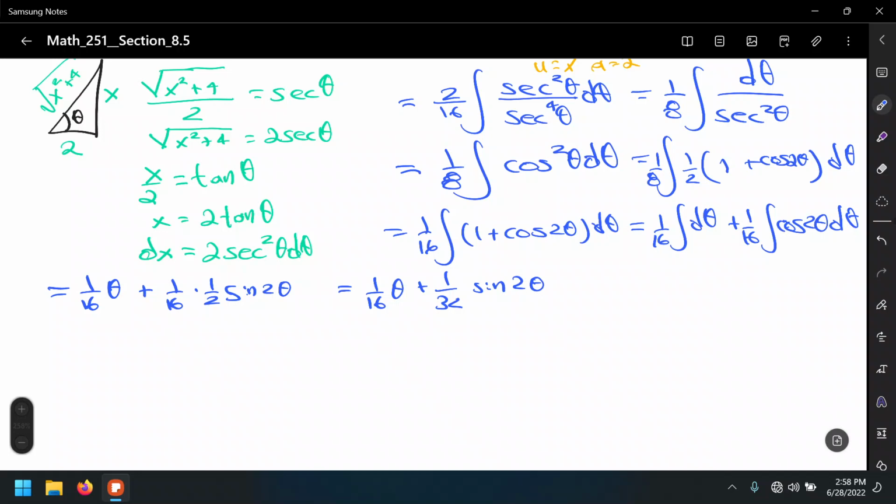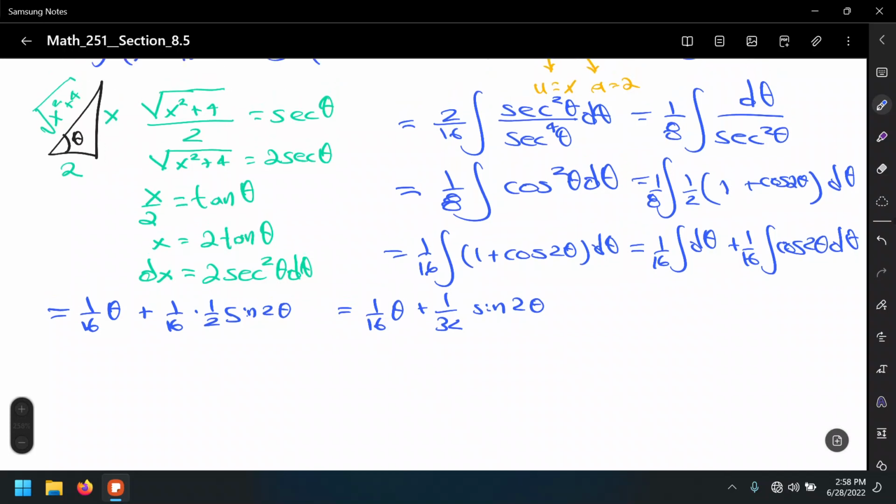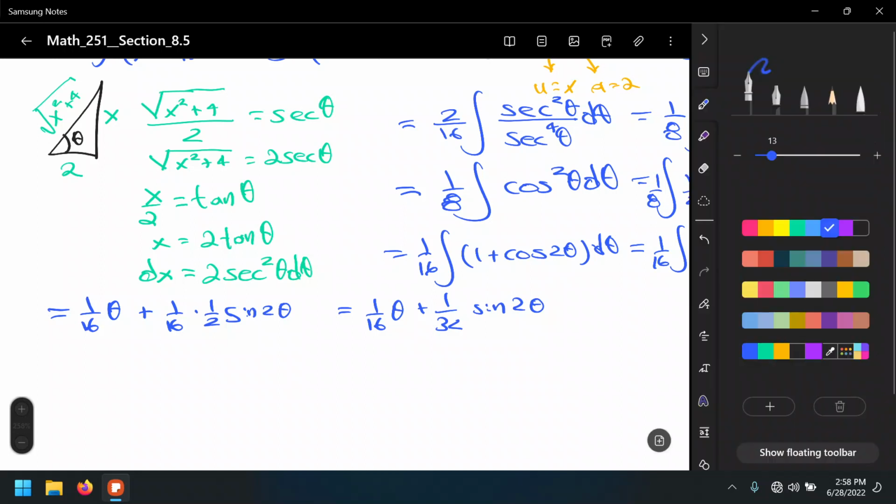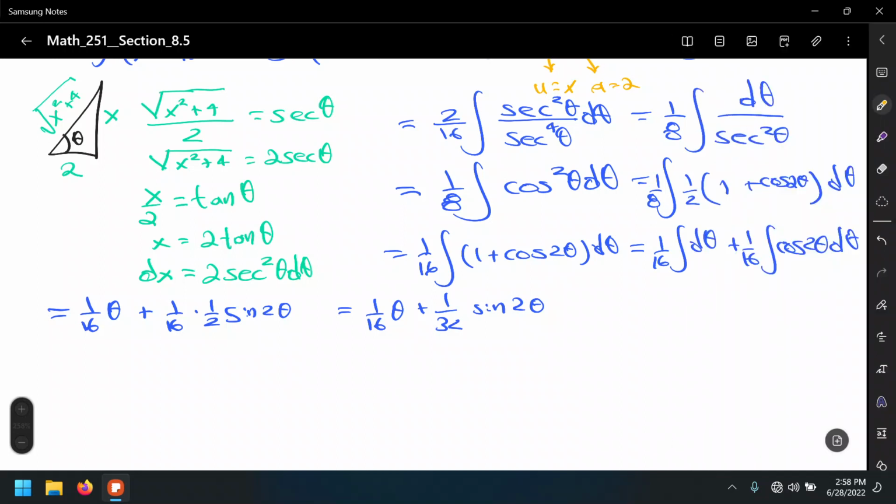Okay, so we're done with the problem in the world of theta. We need to bring this back to the world of x. So we need to substitute back this theta. We get this done by solving for theta from there. That's theta equals arctan of x over 2.